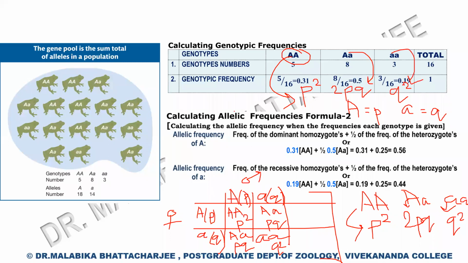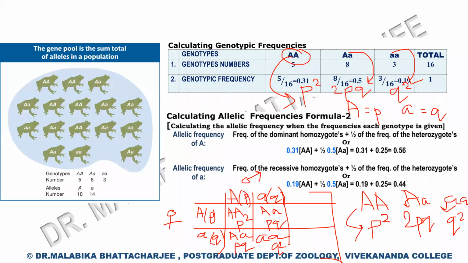For this given problem, P square is 0.31, 2PQ is 0.5, and Q square is 0.19. Keep in mind that P square denotes the genotypic frequency of capital A, capital A. 2PQ denotes the genotypic frequency of capital A, small a, and Q square denotes the genotypic frequency of small a, small a.